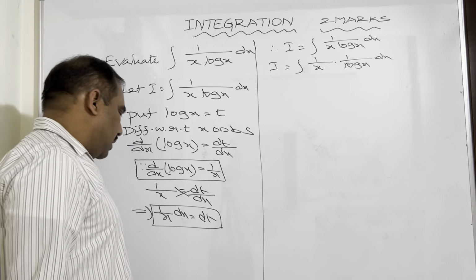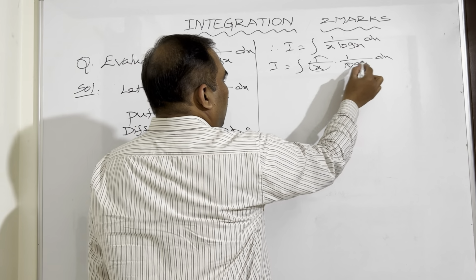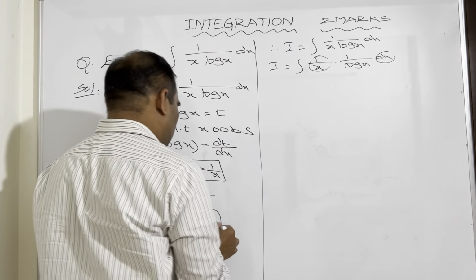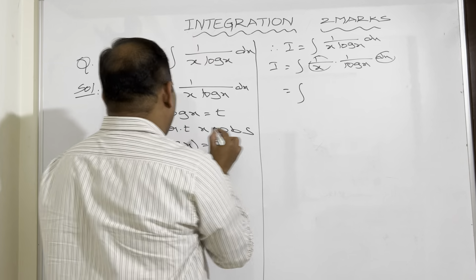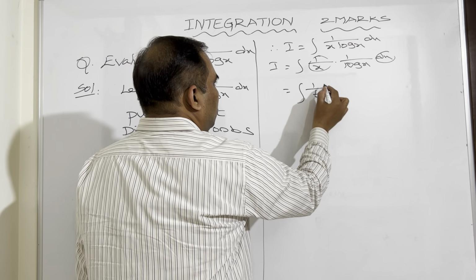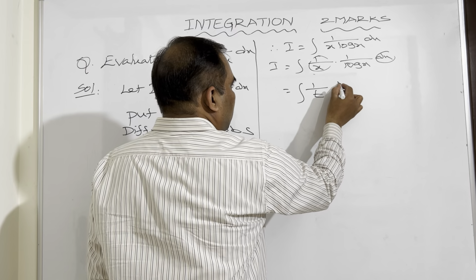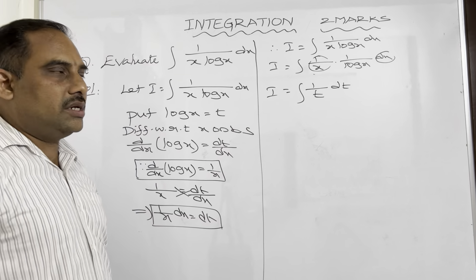Observe here, 1 by x dx is replaced by dt, and 1 by log x is replaced by t. So now I is equal to integral 1 by t dt.